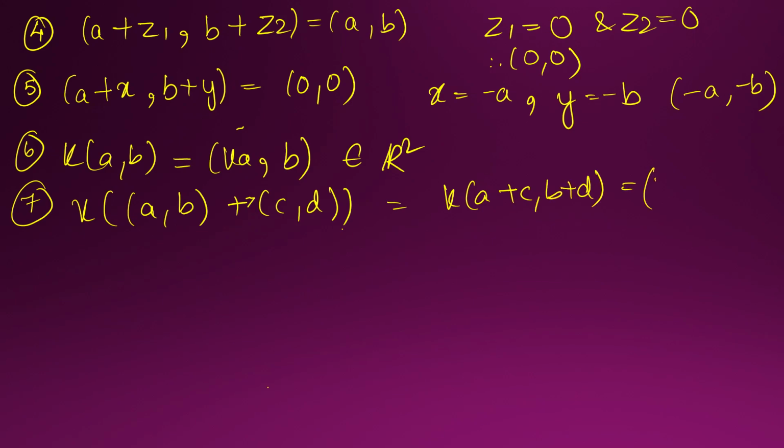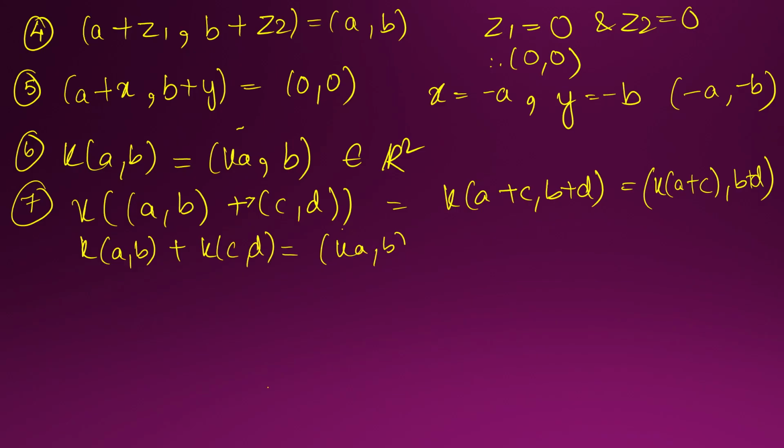Then let's solve for K A comma B plus K C comma D, which will get us K of A plus C comma B plus D. Here it is equal in both cases.